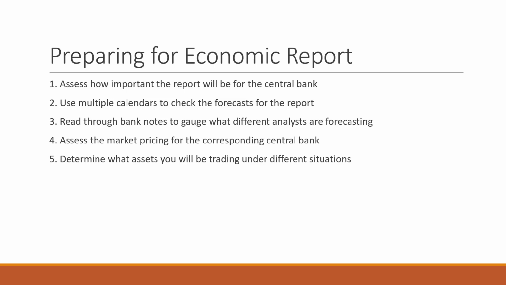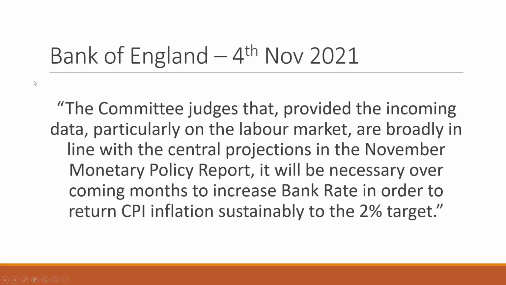Now, like we did in the last video, I'm just going to go through a very, very simple example of how this would work. For this, I'm going to use the Bank of England. The Bank of England had a meeting on 4th of November 2021. And I've copied and pasted this small sentence out of their policy statement.